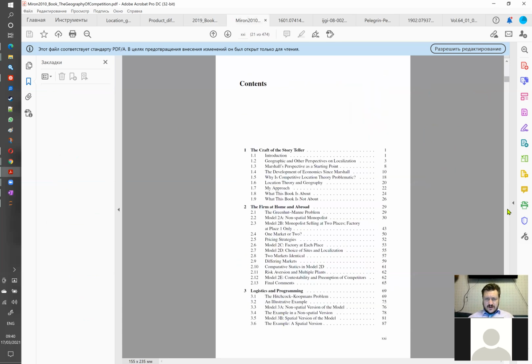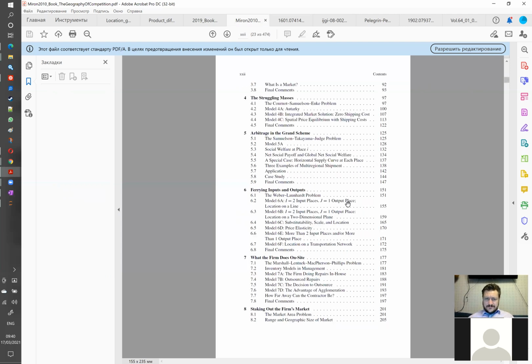They have several algorithms and logistics and programming that we haven't discussed, most of them, like the Hitchcock-Koopmans problem and other things. So you can look at these problems.